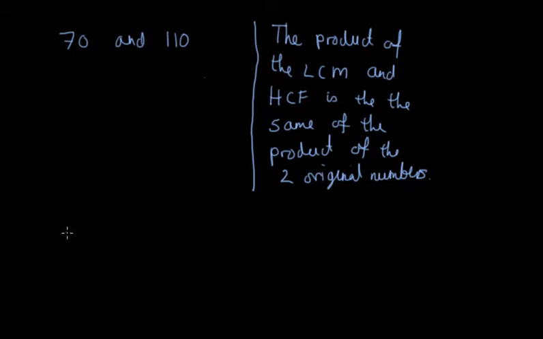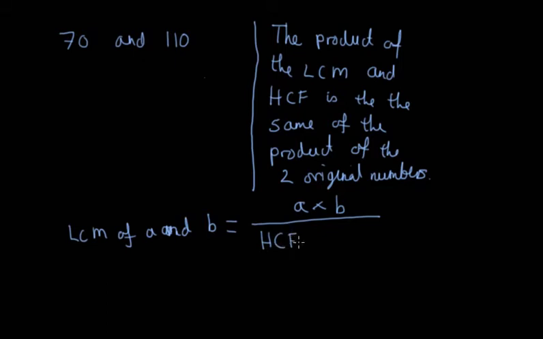So the LCM of A and B equals A times B, so we've multiplied the 2 original numbers, divided by the highest common factor of A and B.